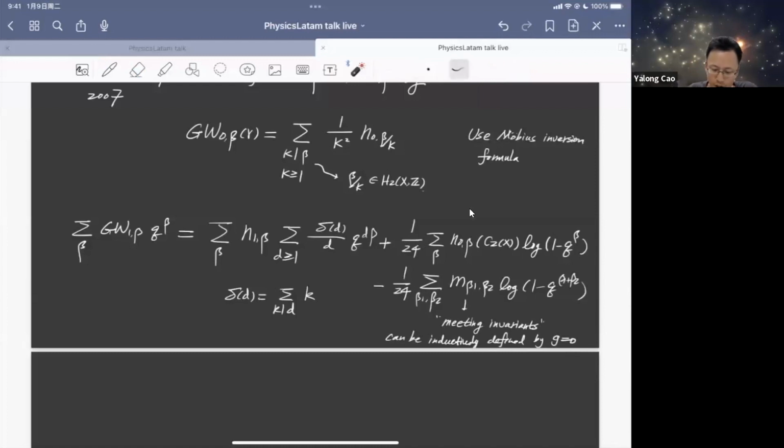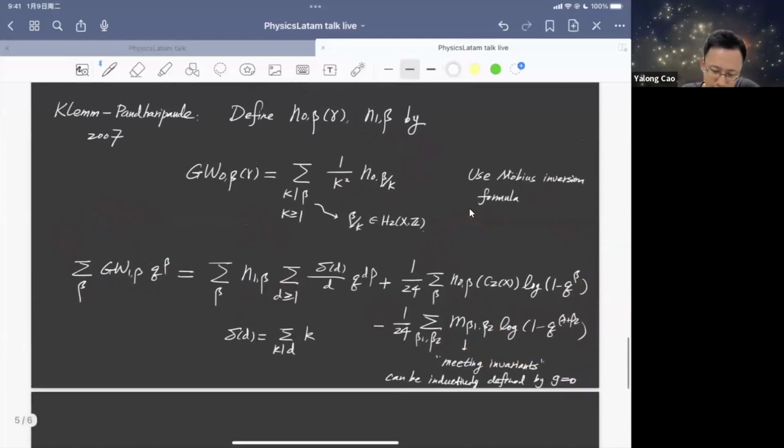I won't give you the explicit formula here, but I will give some geometric explanation of what this means in a few slides later. In any case, these are determined by the genus zero invariants. Similarly, by this Mobius inversion formula, we can read off this n1 beta from the genus one Gromov-Witten invariants and also the genus zero Gromov-Witten invariants. So basically, this is a definition of n0 beta and n1 beta.